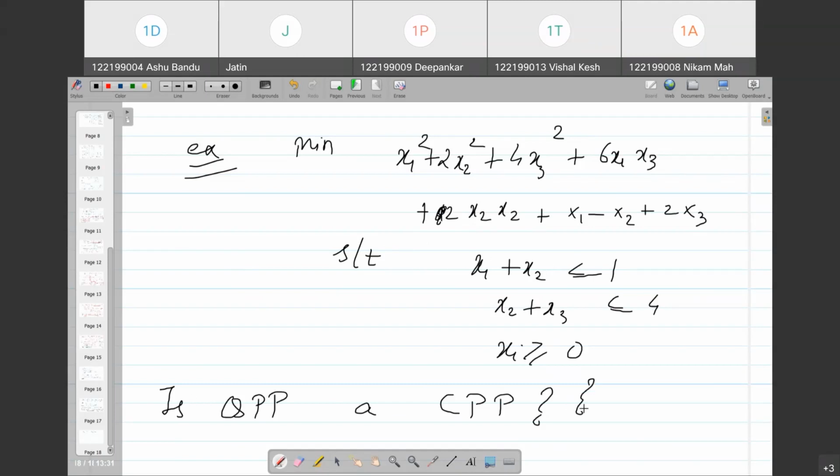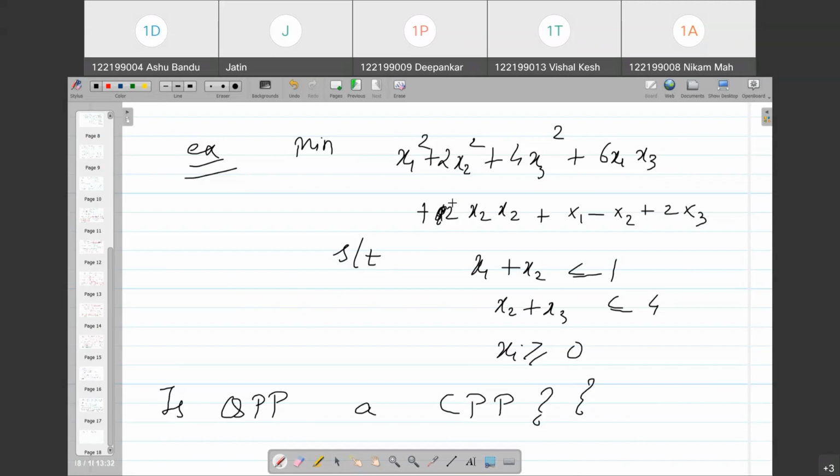Okay, so no need to go for the g_i's because they are linear, so they are convex. I want to check whether the F is convex or not. So to check F is convex, simply check whether your Q is symmetric, positive semi-definite. If you don't want to find Q, you simply find the Hessian of F and check whether the Hessian of F is symmetric, positive definite or not. Once you find the Hessian, you have a 3 cross 3 matrix. Find all principal minors. If all are greater than or equal to 0, great. If not, then it's not convex.